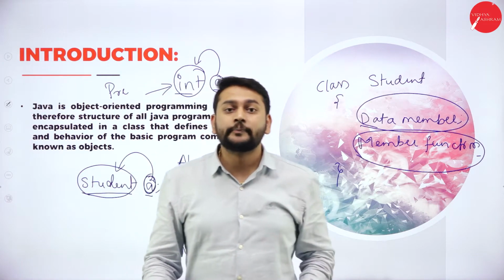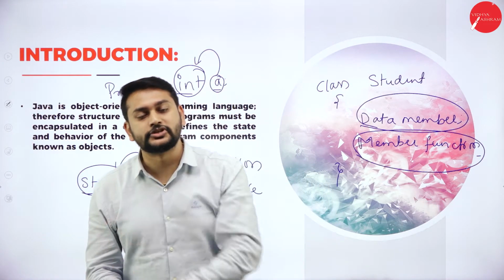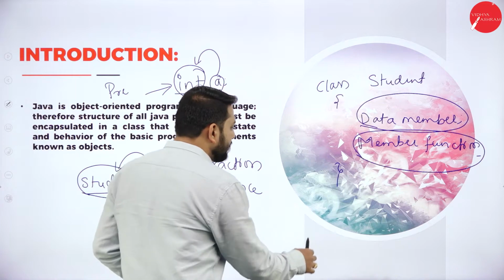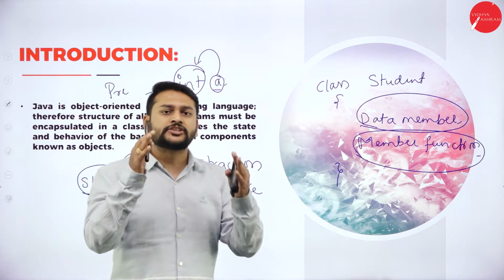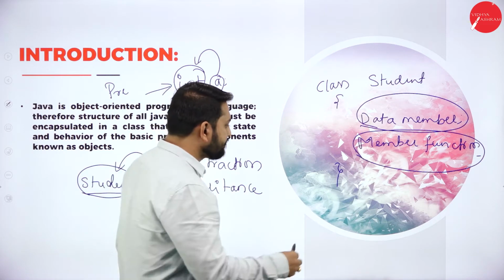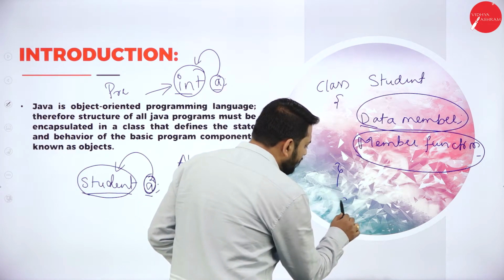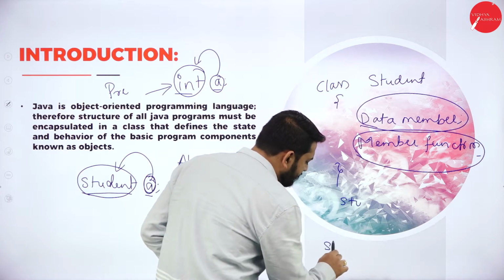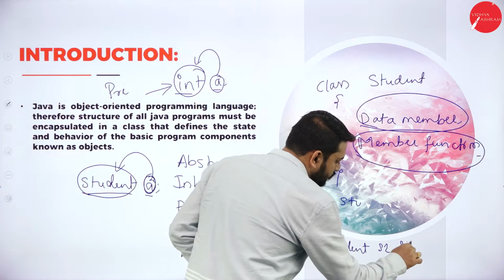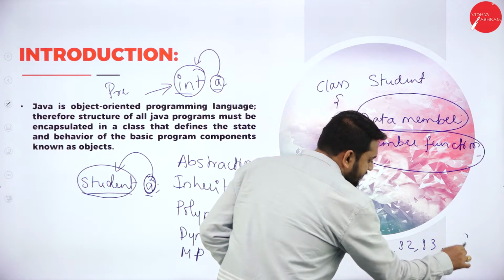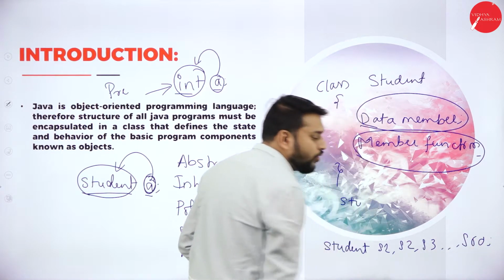I create the objects, 60 different objects. Later on I will discuss the syntax to create the object, but as of now you just imagine, okay? I have student, okay, let me just write it here. I have student S1, S2, S3, like this, up to S60.